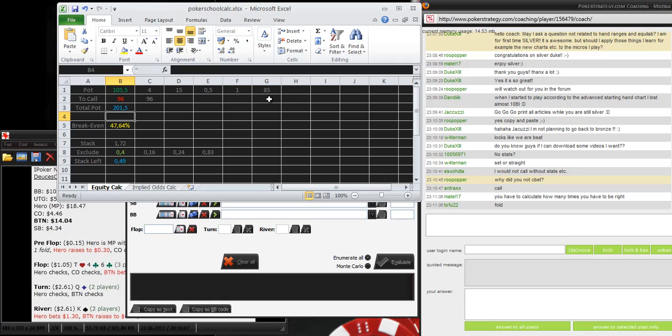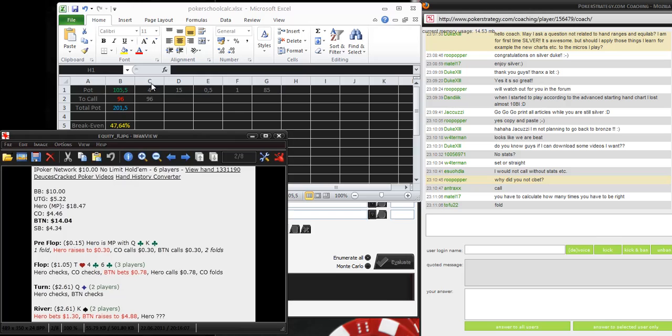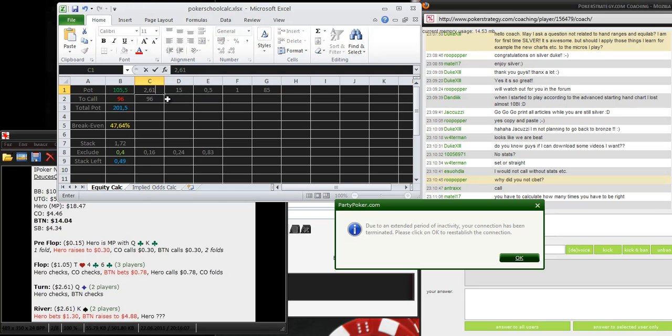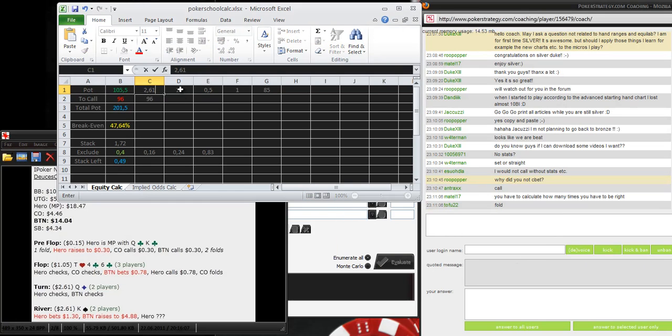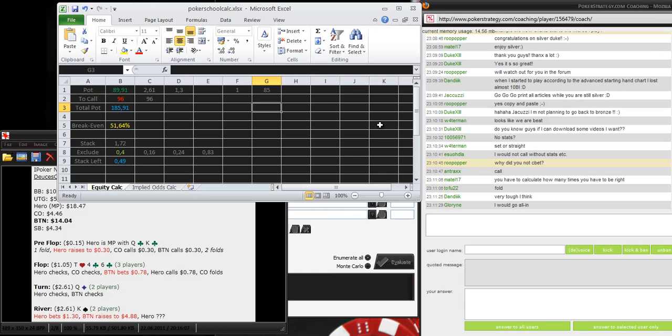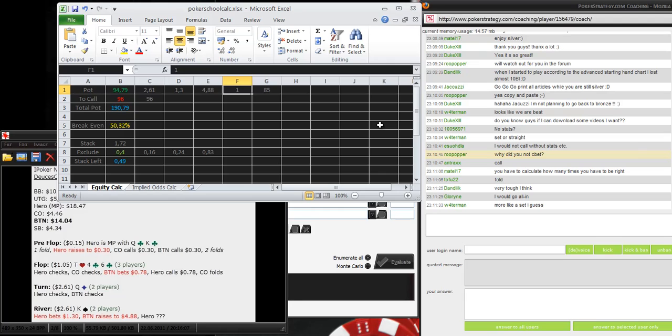But let's give you a small overview of how much equity we actually would need on river. The pot is already $2.61, and we bet 1.5 pot into the pot, and the hero raises to $4.88. Now the question is whether we are able to call it.